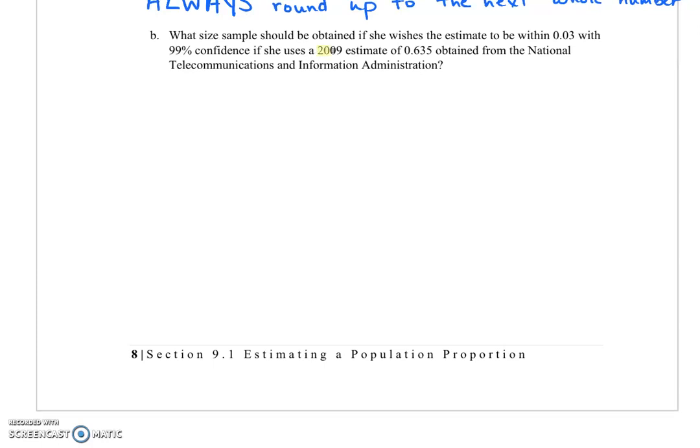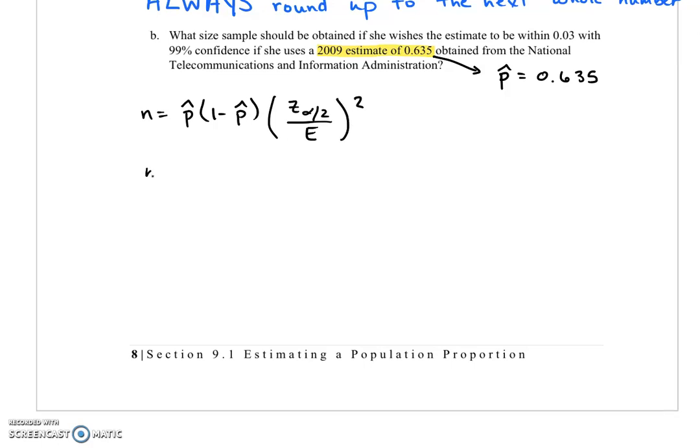So this right here gives us a previous estimate for p hat. So that part means that for p hat, we're going to use 0.635. So remember, n is p hat times 1 minus p hat times the critical value for that given confidence level divided by the error squared.